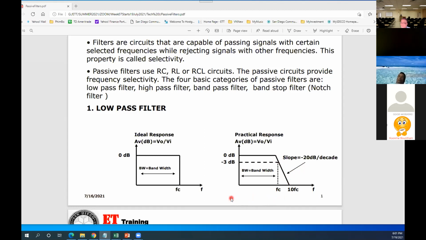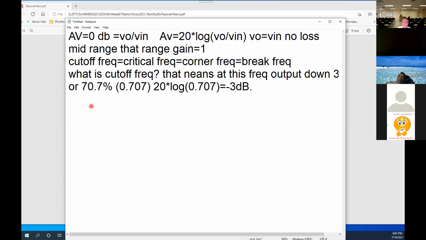How come you get the number minus 20 dB? The thing that I want to tell you: you cannot do anything with minus 20 dB. You have to know the number.